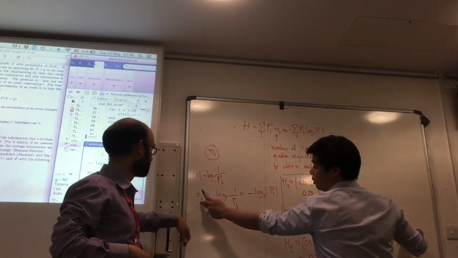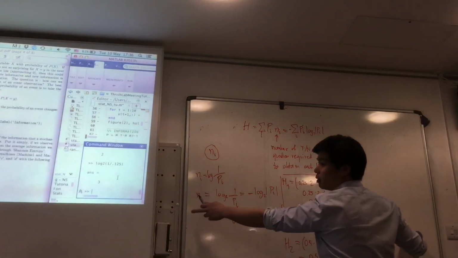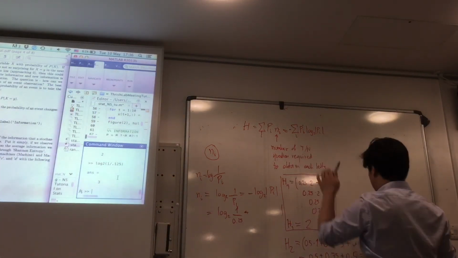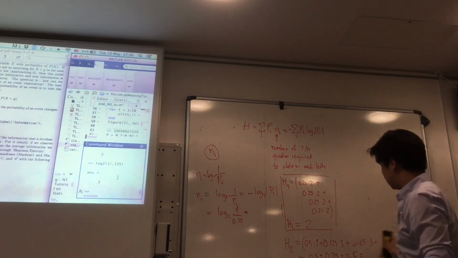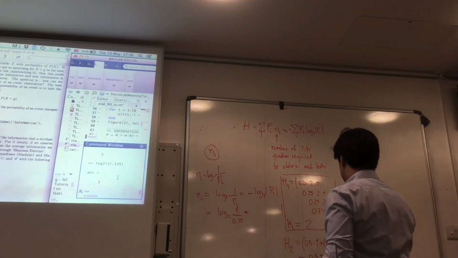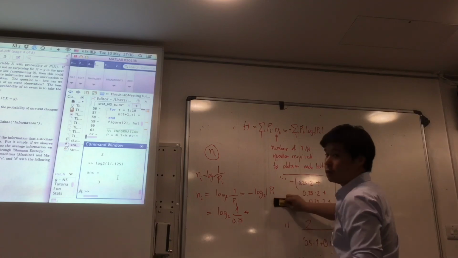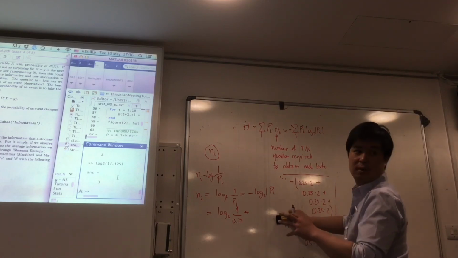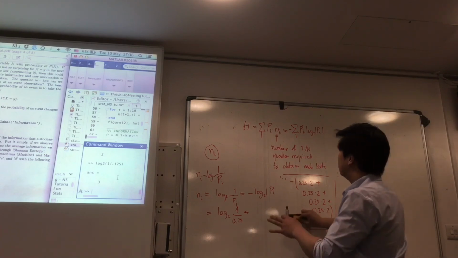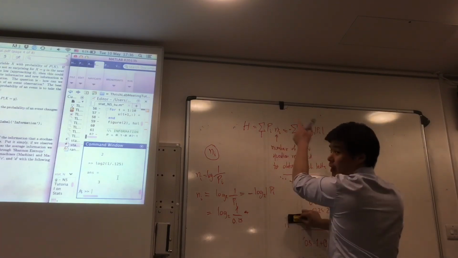This one is just to calculate the number of questions required. So in this formula, for each one you have H for A, H for B, H for C. It is a sum over A, B, C. We have n for A.